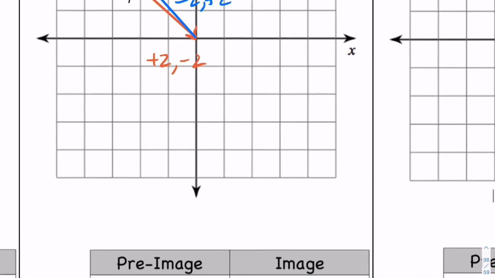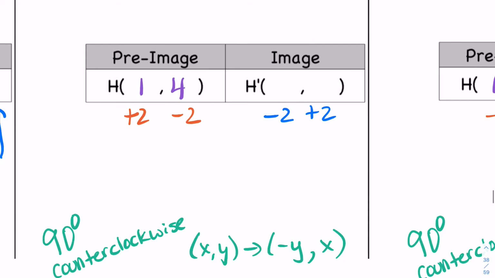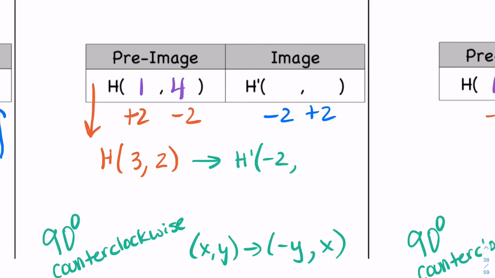The next one, I'm going to do my adding of 2 and taking away. So it looks like I get 3, 2. I perform the operation it's asking me to do, which is opposite y. So negative 2, same x, 3.